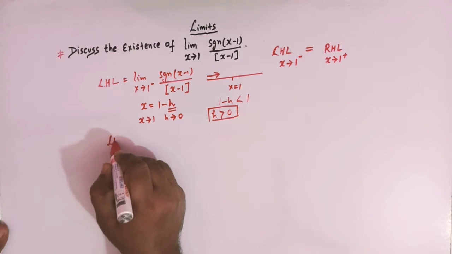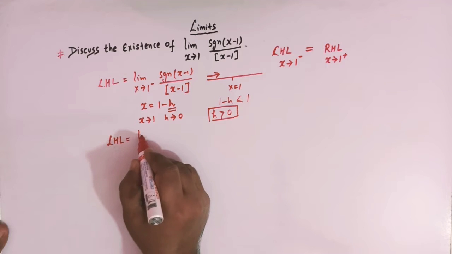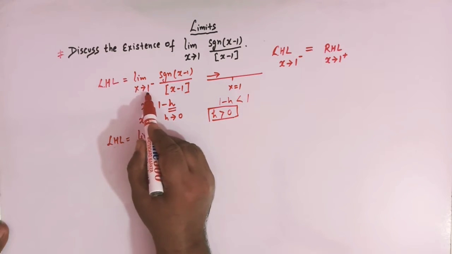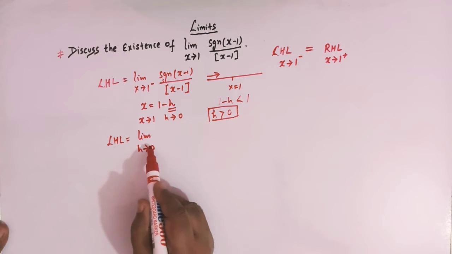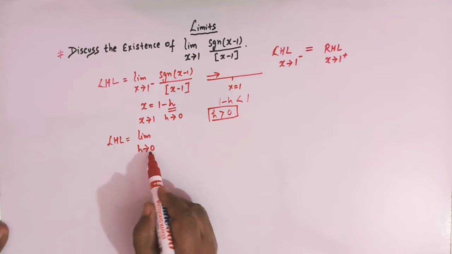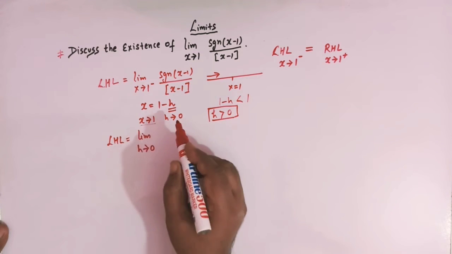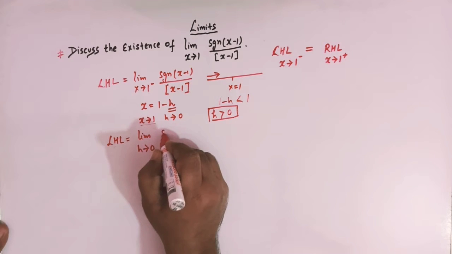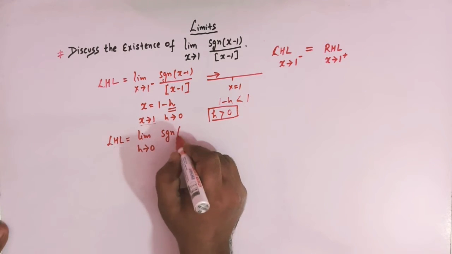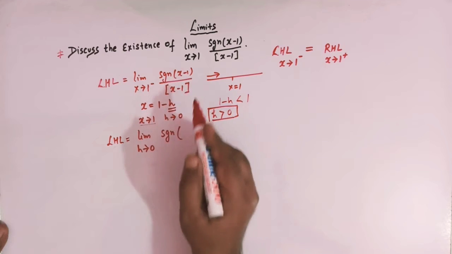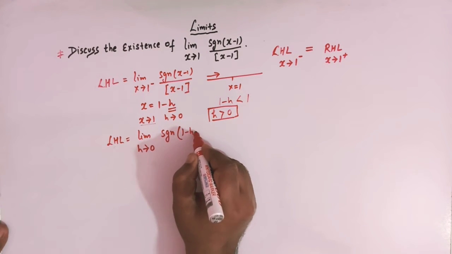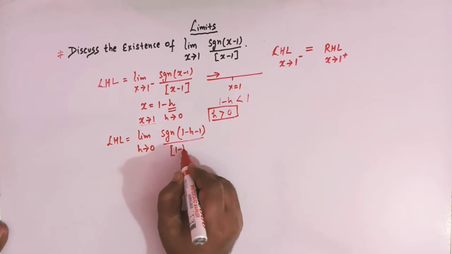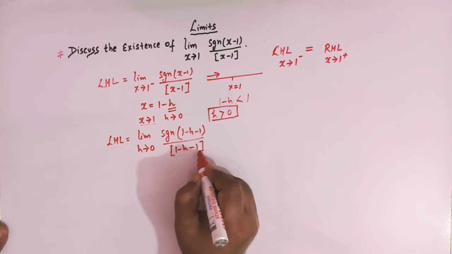So now we can write the left hand limit as limit h tends to 0, because when x tends to 1, h tends to 0. And we have signum of x minus 1, so we can write 1 minus h minus 1, divided by greatest integer of 1 minus h minus 1.